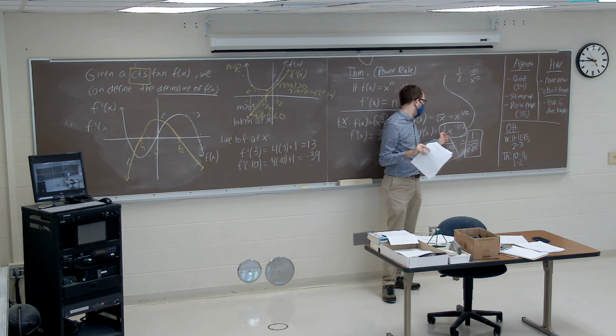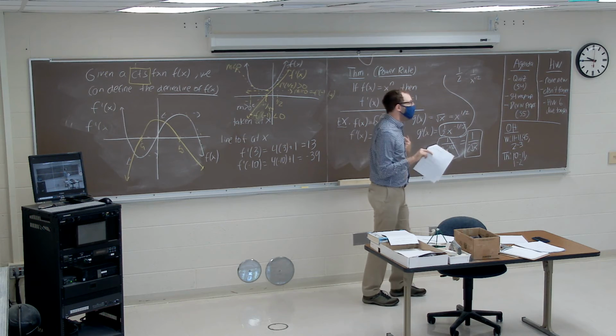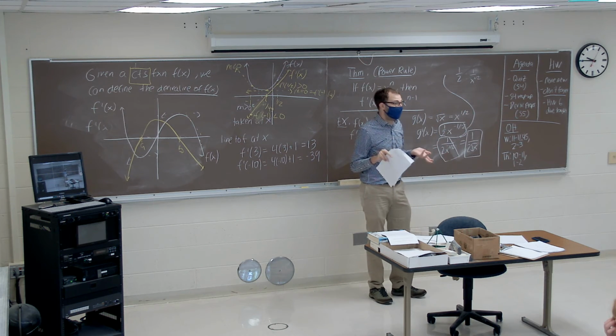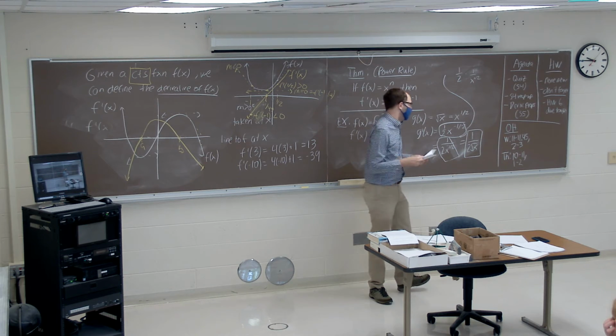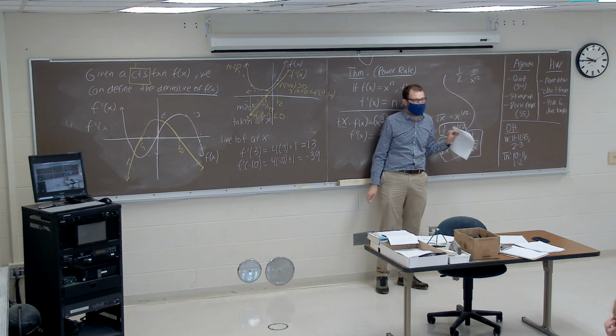I like this answer the best. Specifically because if I were to ask you to evaluate this expression at, say, x equals 9, what is 1/2 times 9 to the negative 1/2? I'd be like, I don't know what that is.